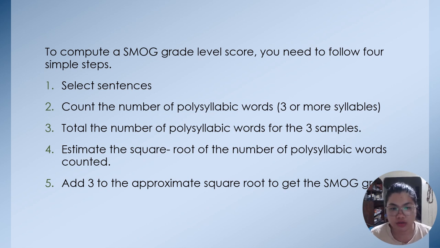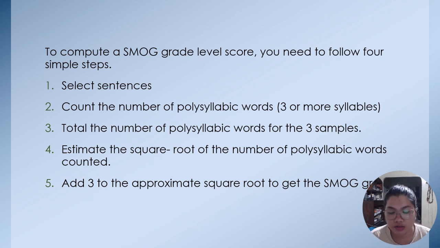Next is to count the number of polysyllabic words, or words of three or more syllables. In the 30 selected sentences, in the beginning, middle, and end, we're going to count every word of three or more syllables. A word is defined as any group of letters or numerals beginning and ending with a space or punctuation mark. If a polysyllabic word is repeated, count each repetition. For example, we have counted 15 polysyllabic words.